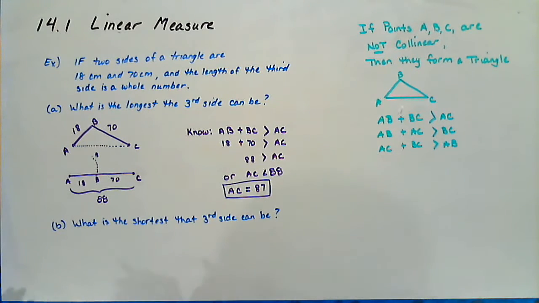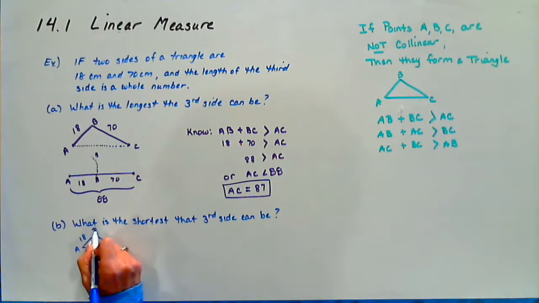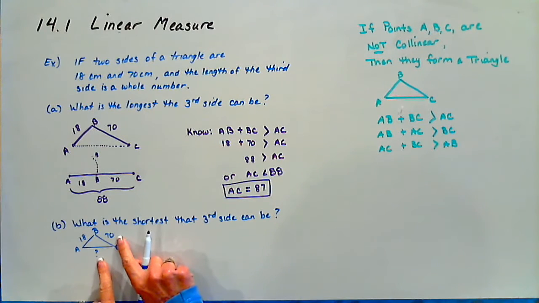Here's what I know. From A to B we're calling 18, and from B to C we're calling 70, and we don't know the other side. But I do know that if I add any two sides, it has to be greater than the other one. So it does not really make sense to take 70 and add it to 18, because 70 is already greater than 18. So we know that's true.